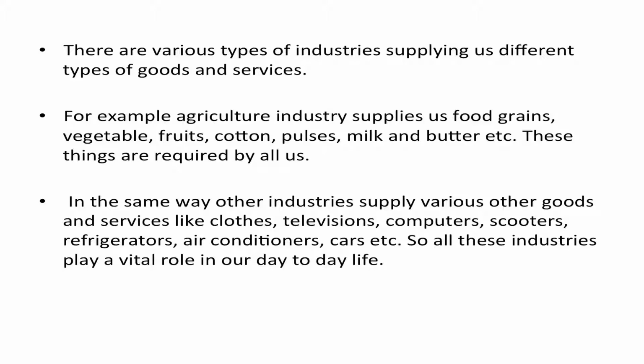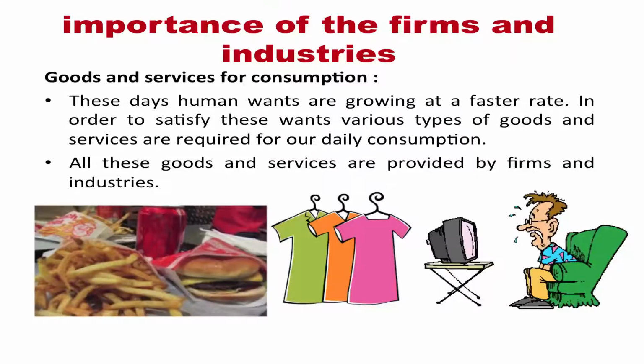In the same way, other industries supply various other goods and services such as clothes, televisions, computers, scooters, refrigerators, air conditioners, cars, etc. So, all these industries play a vital role in our day-to-day life. Firms and industries have an importance in our daily life. This has to be understood.